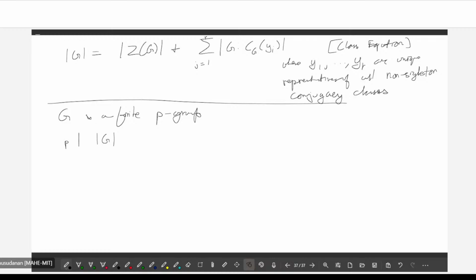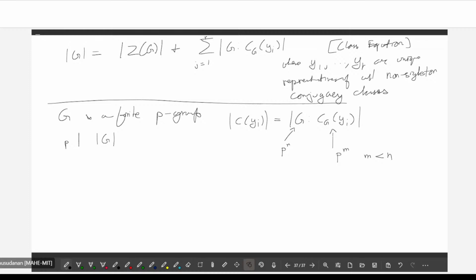If you take the conjugacy class of yi, or the order of the centralizer of yi, the order of G is some p to the n, and the order of CG of yi will be some p to the m, where m is less than n. Why?